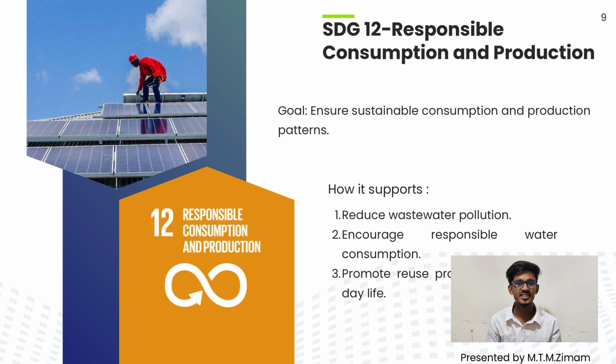Third one is SDG 12, Responsible Consumption and Production. Finally, SDG 12 encourages more responsible use of resources. Our project supports this by reducing wastewater pollution and promoting everyday reuse practices such as using slightly used water for outdoor cleaning or choosing water efficient appliances.